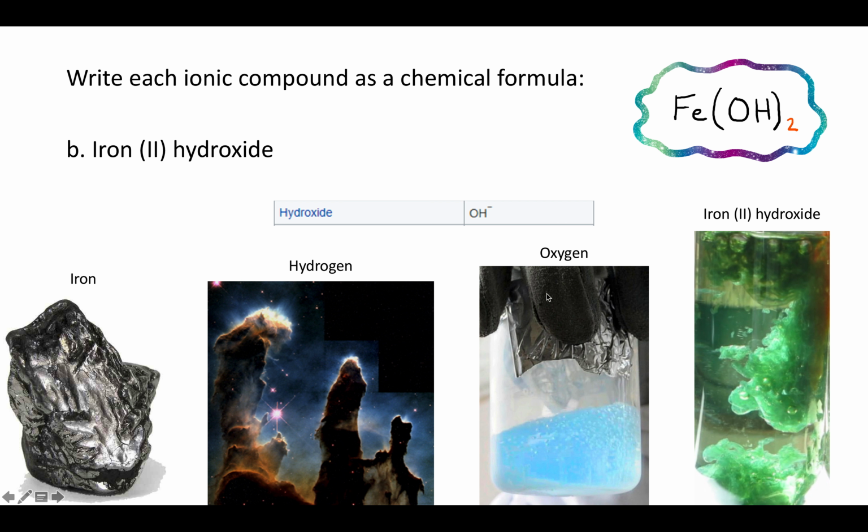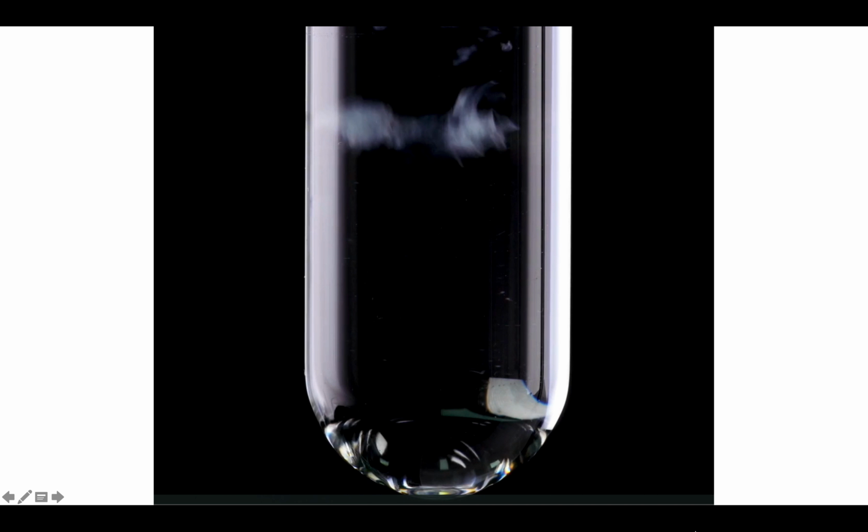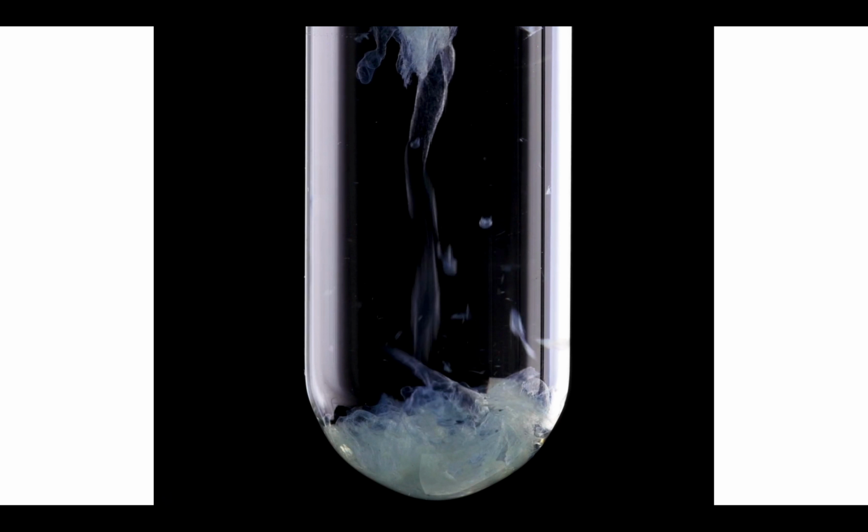So if you take hydrogen and oxygen and you mix them together in just the right way, you'll get hydroxide. And if you combine that with iron, you'll get iron 2 hydroxide. You can see that forming in this test tube here.